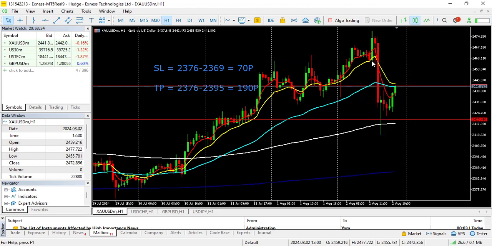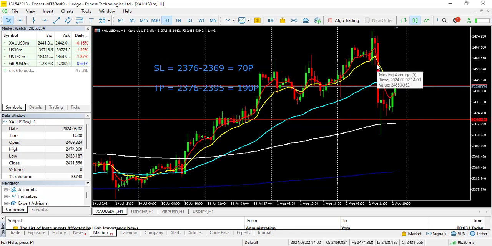Of course, you take your sales. What I'm trying to paint here is that you take your sell in this case when you see that there are 2 candles close below your 13 EMA, right?